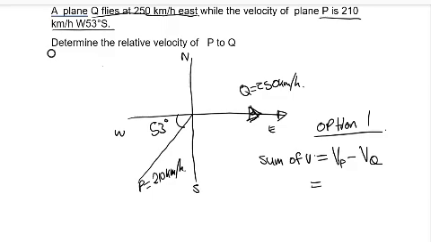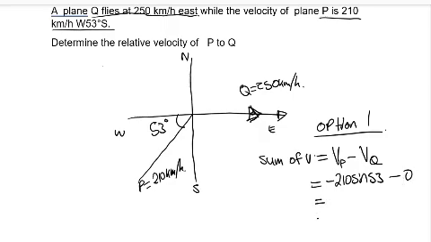The velocity of P in the vertical position goes in another direction. P goes in a vertical position, and it goes down, so it is minus 210 sine 53, minus Q, which is 0.